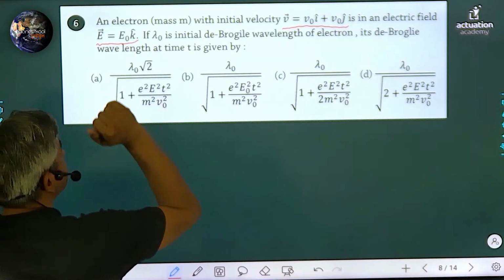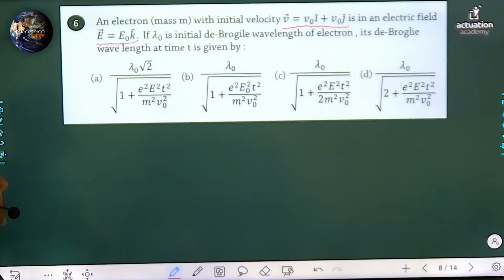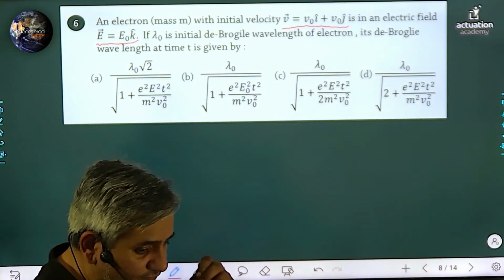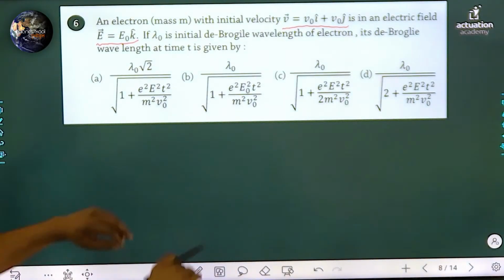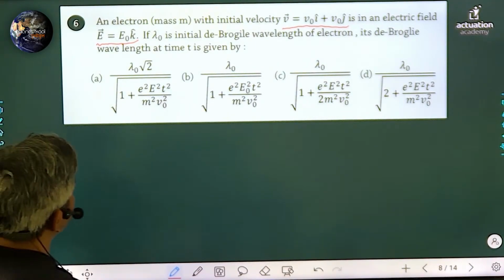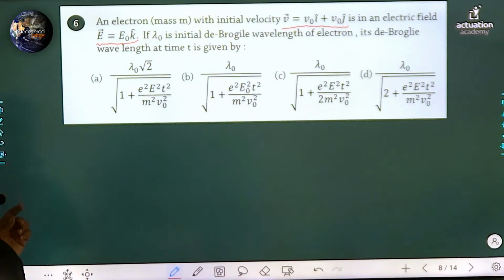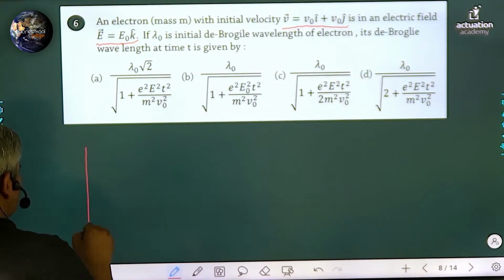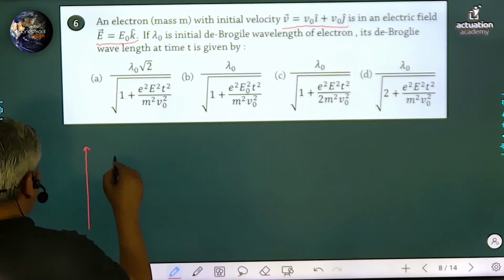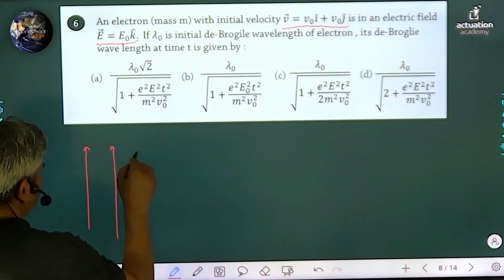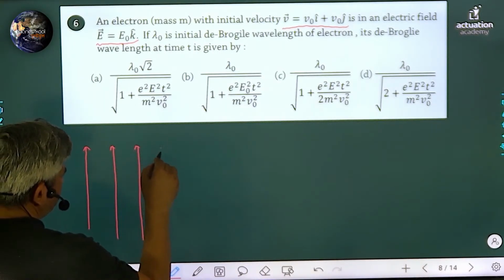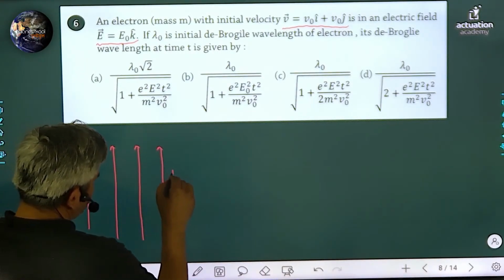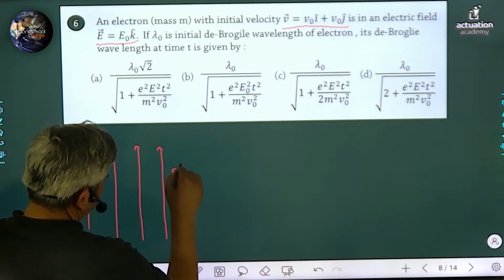If lambda naught is the initial de Broglie wavelength of the electron, its de Broglie wavelength at time t is given by. So let's first draw the diagram of what exactly this electron is doing here. We have the electric field which is in k cap direction, which is nothing but E0 k cap.